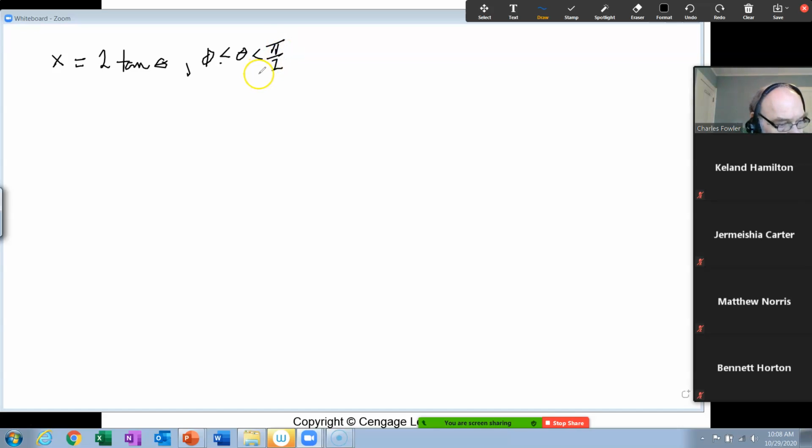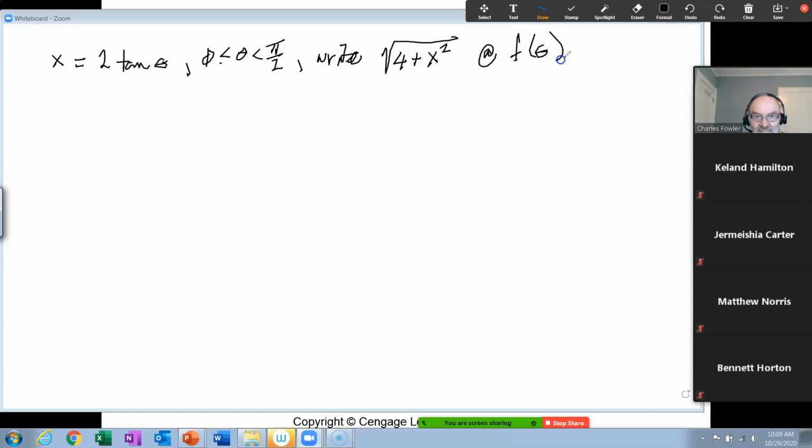What we want to do is write this expression, the square root of 4 plus x squared, as a trigonometric function of theta, as some function of theta. Now you might say, why? Well, we'll get to that.